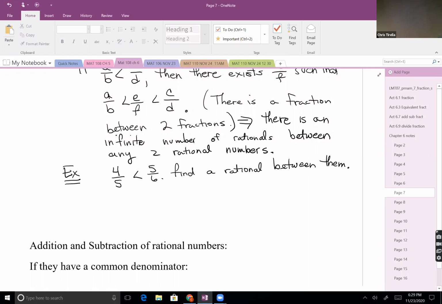So, how can we do that? How can we find a number that would be midway between them? Any ideas? Any suggestions?